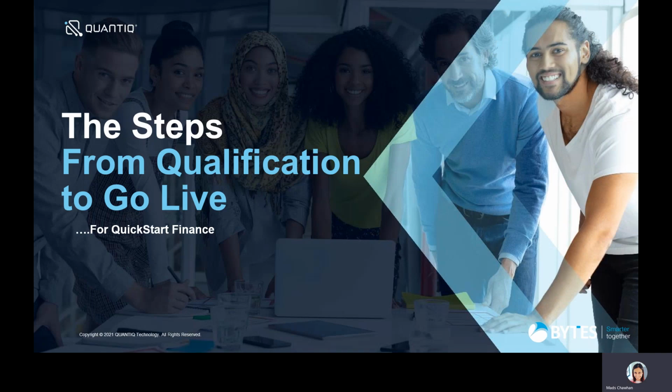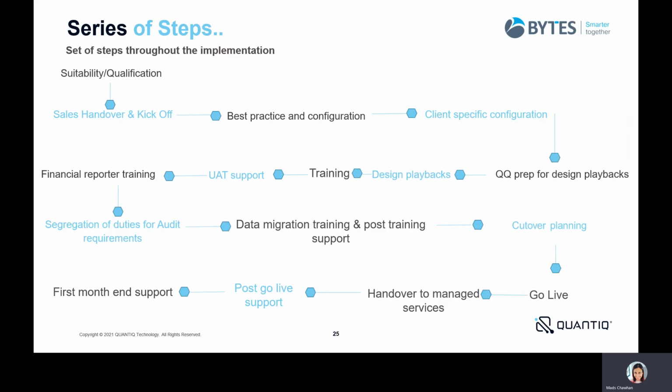So we do have within the QuickStart Finance the detailed series of steps which are here on this slide. We're going to go on and discuss some of these in a little bit more detail in the coming slides. But in summary, as the slide demonstrates, you're going from that initial sale through to the project kicking off, to the configuration, playback sessions, training, UAT support, data migration through to go live and beyond, including the aftercare package as well, in a series of set processes.